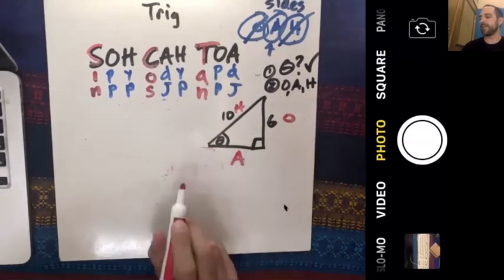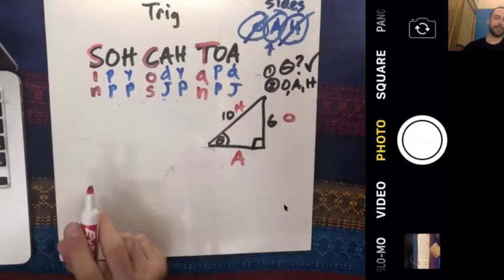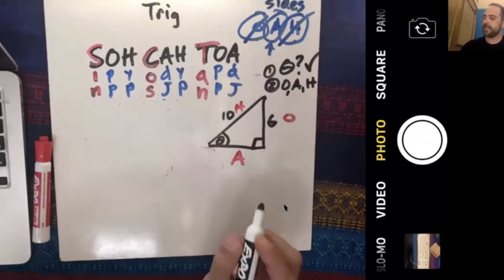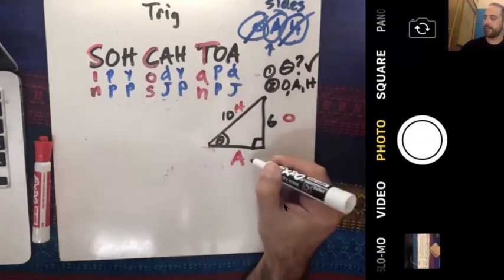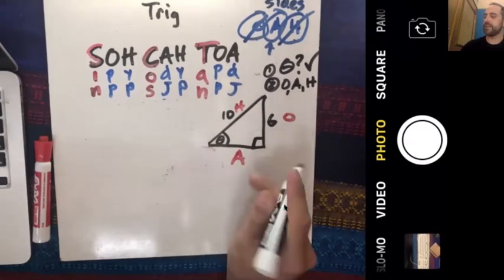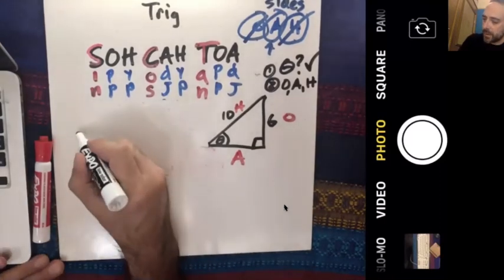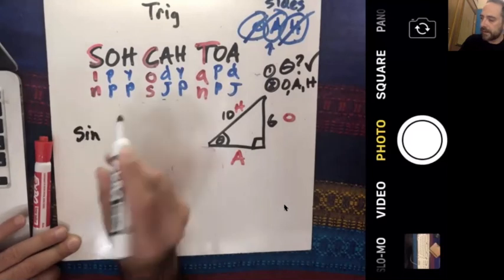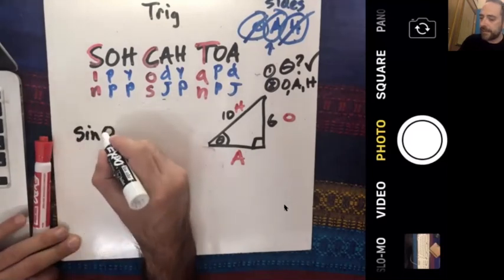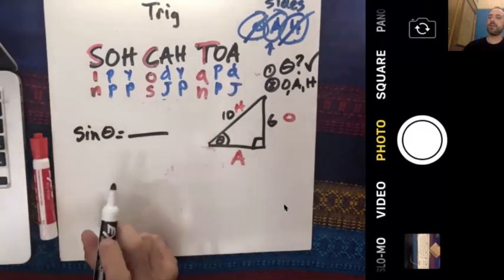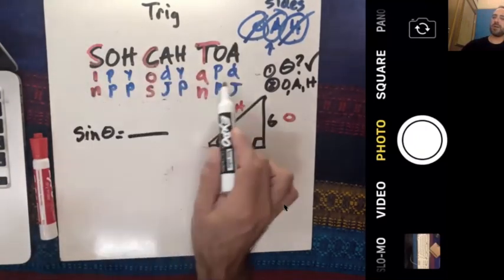All right, so we have adjacent, opposite, hypotenuse all set up. Now, here's the thing. If I want to know, let's even give this a value. No, I'm going to leave this as A, okay? So here's the thing. If I needed to know the sine of theta, what we're doing today and for this lesson is we know a little bit about SOHCAHTOA, right?